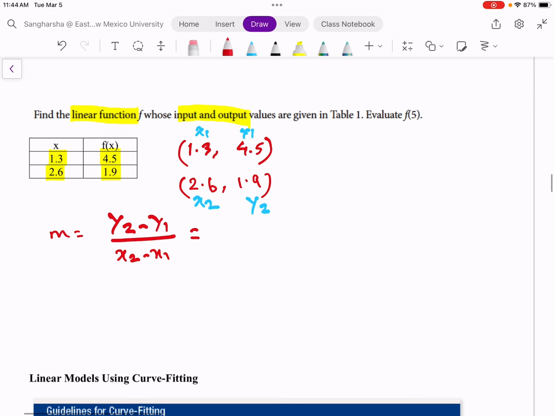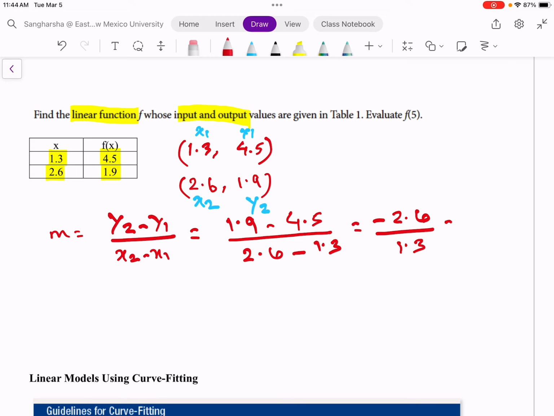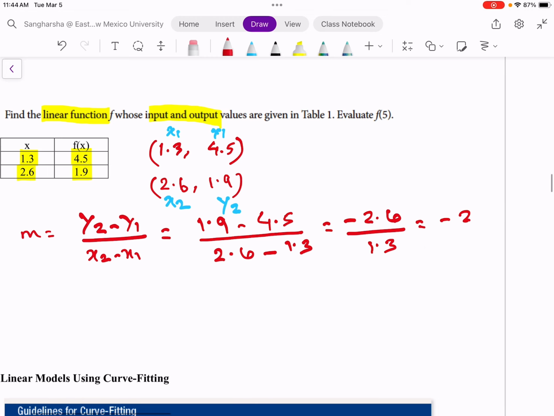Our y2 is 1.9 minus y1 is 4.5, divided by x2 is 2.6 minus x1 is 1.3. So we have negative 2.6 over 1.3, and this is negative 2. So this is the slope.